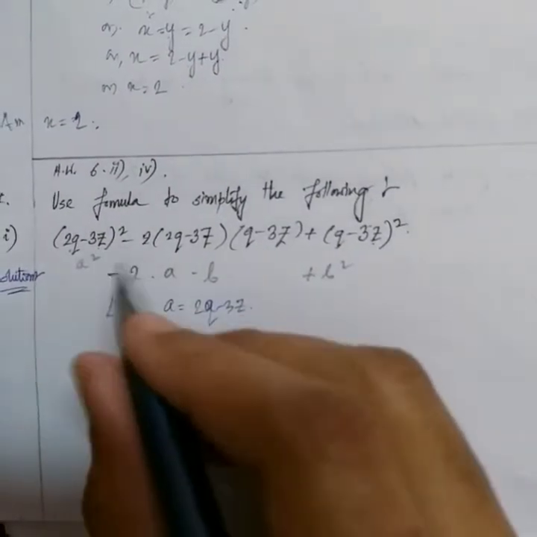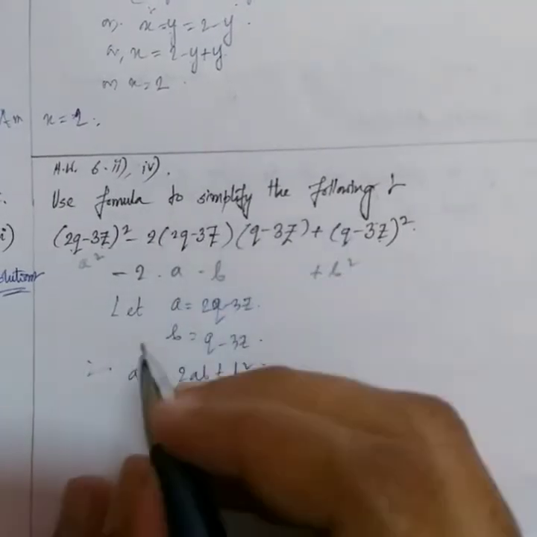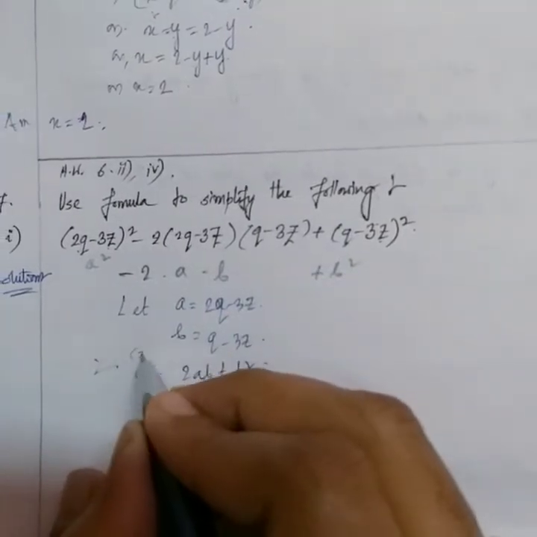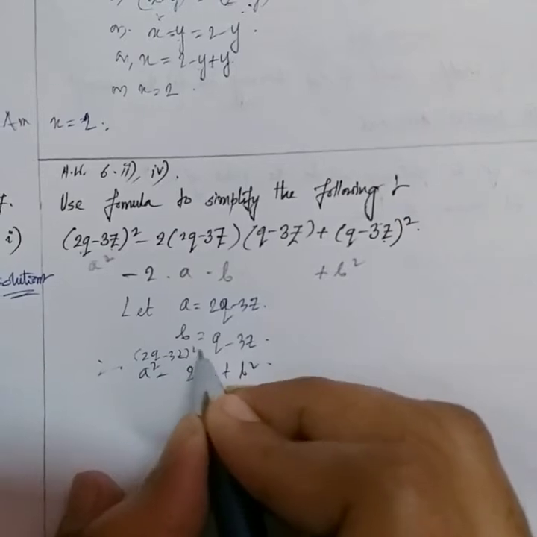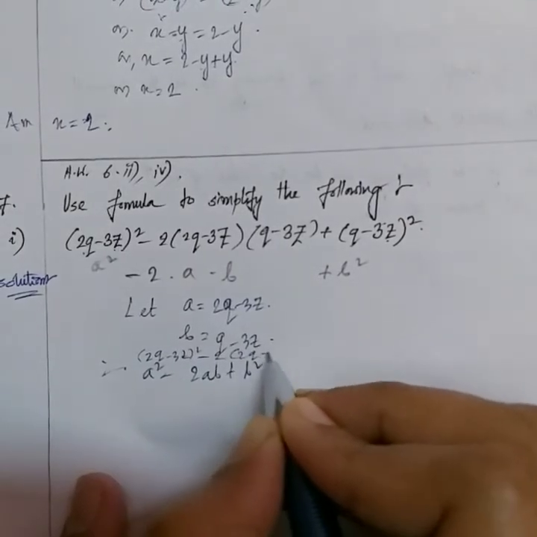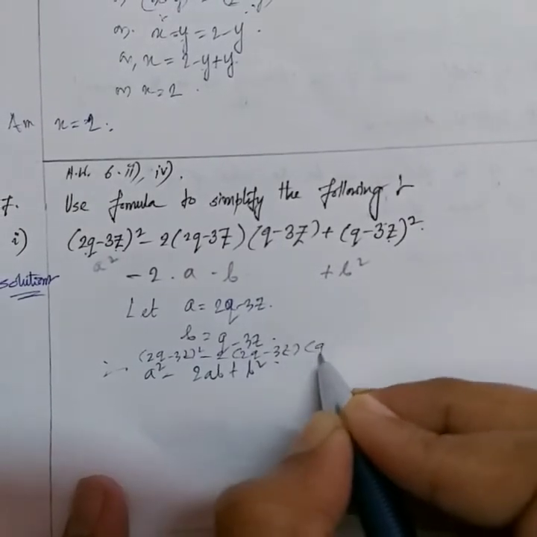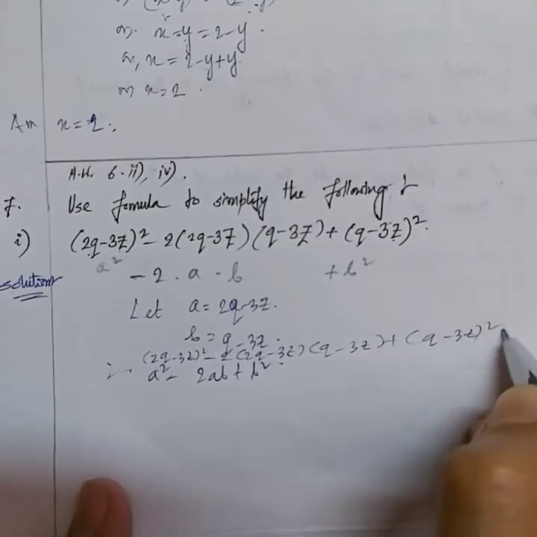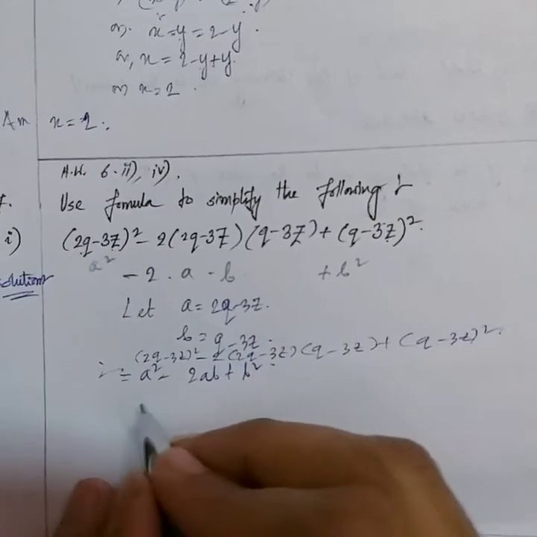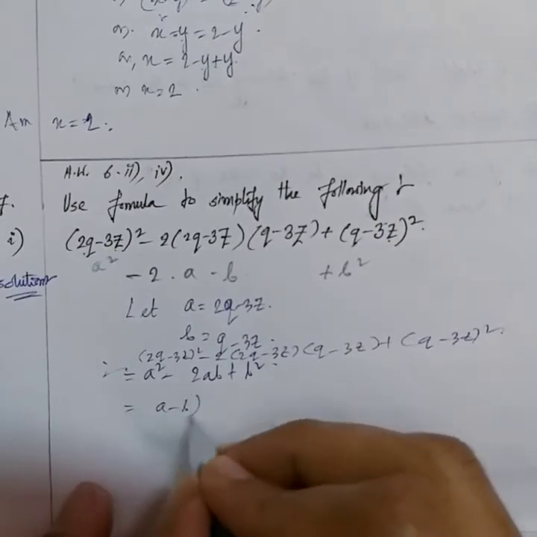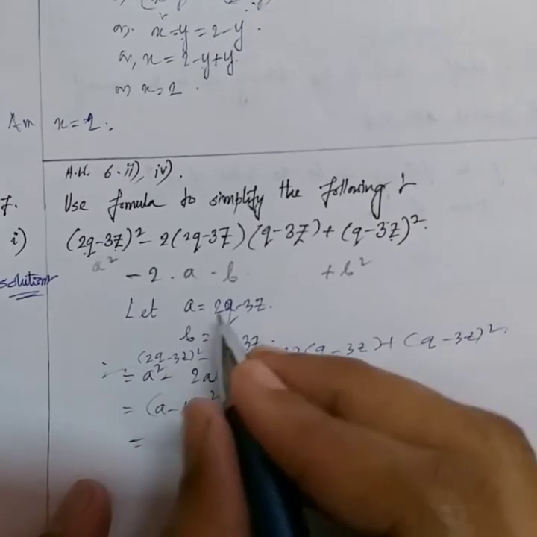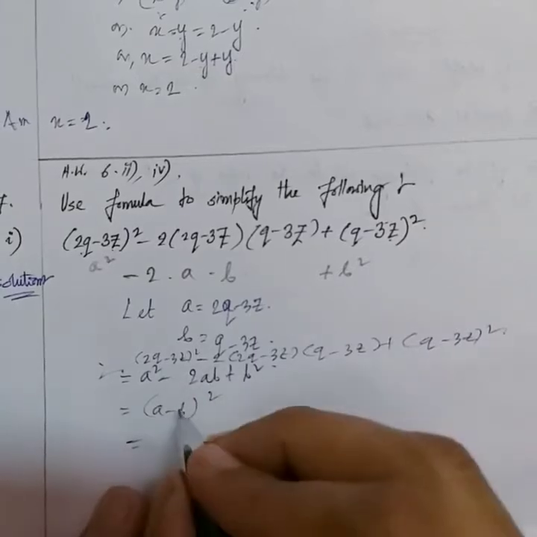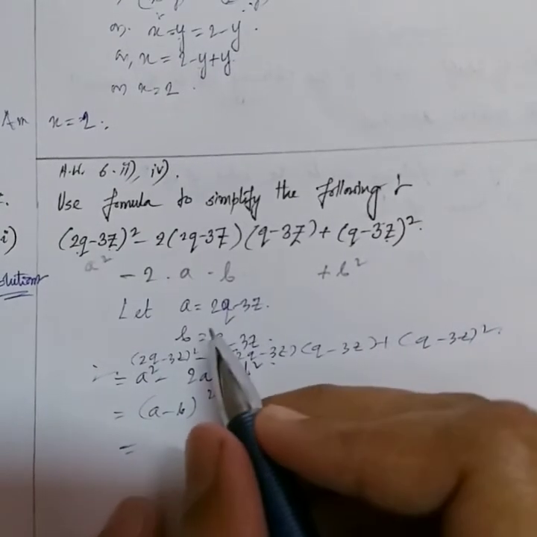You should write this thing over here: (2q minus 3z) whole square minus 2 into (2q minus 3z) into (q minus 3z) plus (q minus 3z) whole square. This expression is becoming a square minus 2ab plus b square, which is nothing but (a minus b) whole square, right? Now put the values of a and b, the expressions that we consider to be a and b.